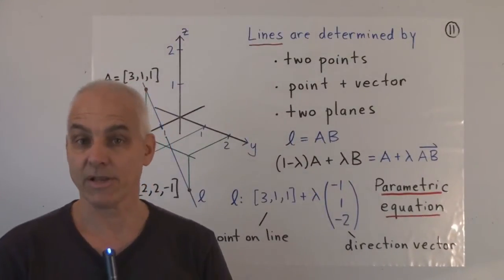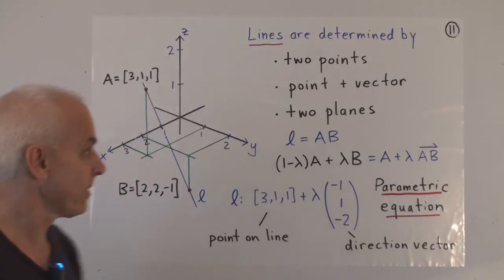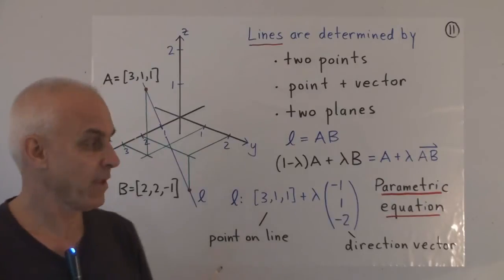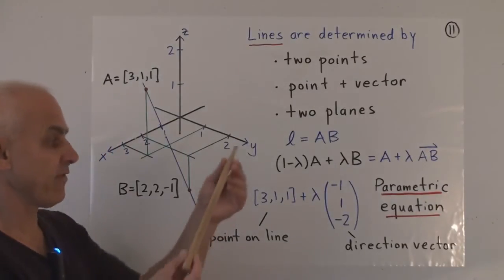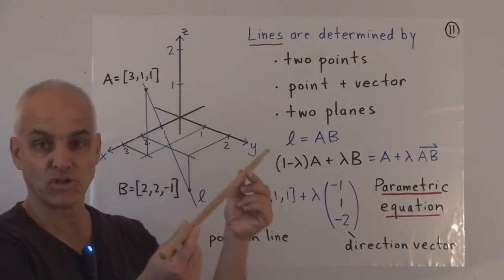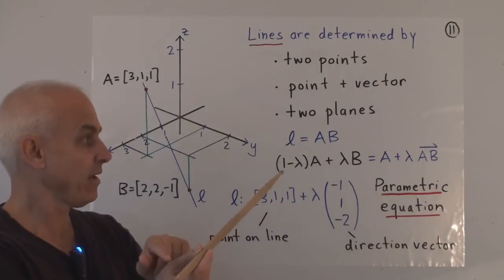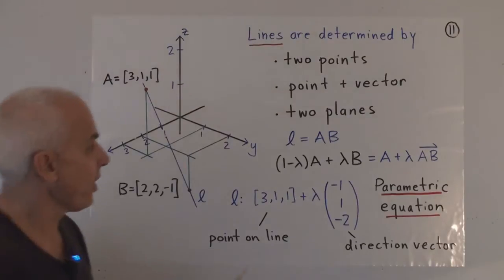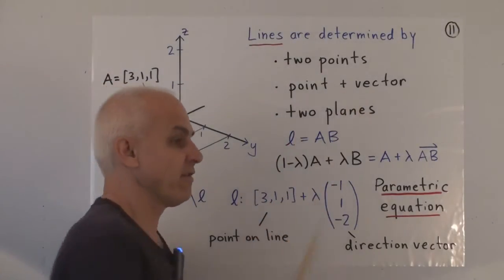Now let's talk a little bit about lines in 3 dimensions. A line can be described in a number of different ways. Perhaps the simplest way is to just think of it as determined by 2 points. If you have 2 points, then there's a unique line through those 2 points. Another way is to think about it in terms of a point and a vector.